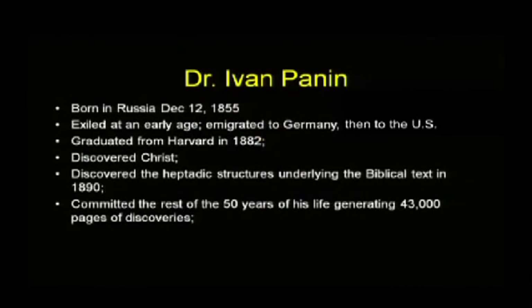Okay. But he also discovered early in his career what he called the heptadic structure of the Scripture, back in 1890, actually. He committed the rest of his 50 years of life to generating over 43,000 pages of discoveries. Very dry reading, but staggering in their implications.